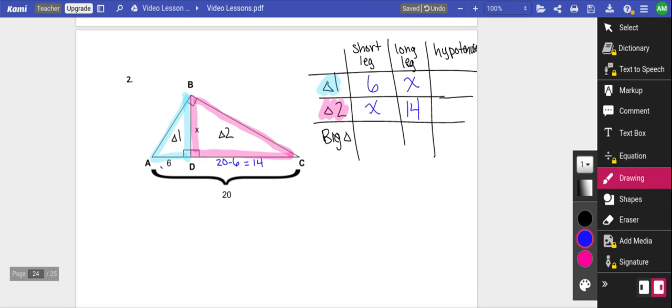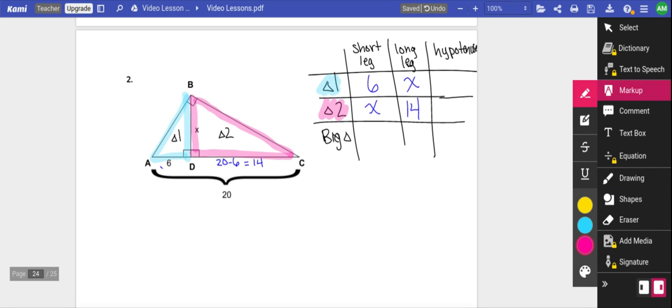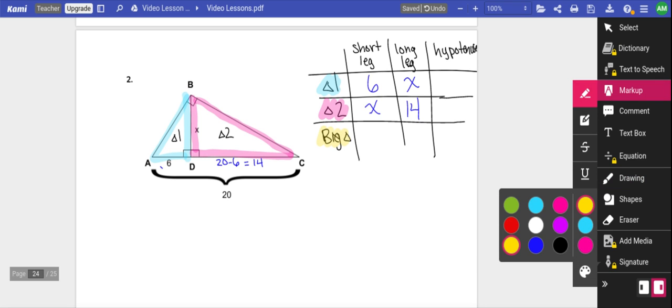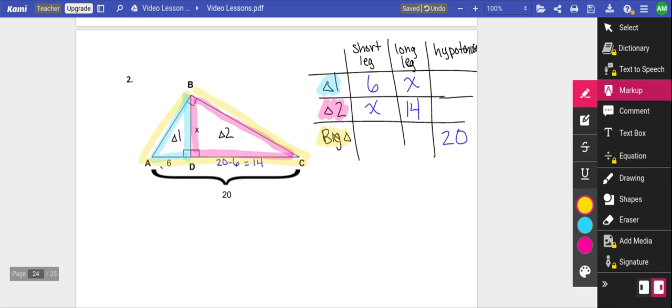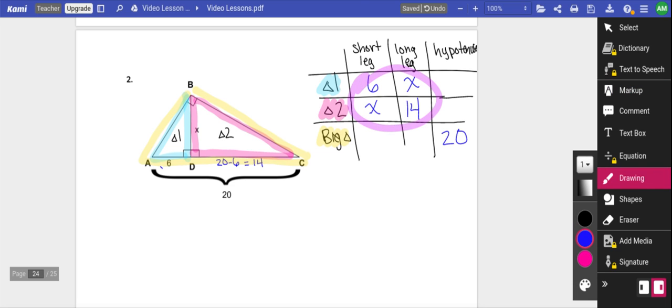And then looking at my big triangle, all I know is that the hypotenuse is 20. So again, guys, right here, I'll use a different color instead of yellow, is our proportion. 6 over x is equal to x over 14.